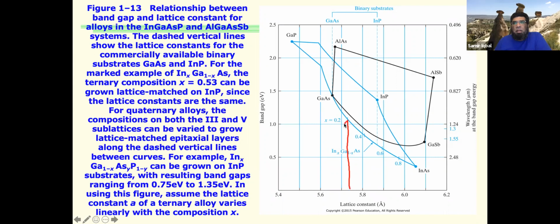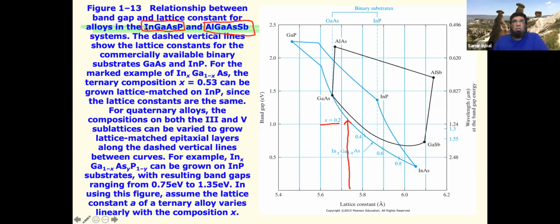For example, here it says x is equal to 0.2. Now, this is a quaternary compound here. We are dealing with indium gallium arsenide phosphide or aluminum gallium arsenide antimony.